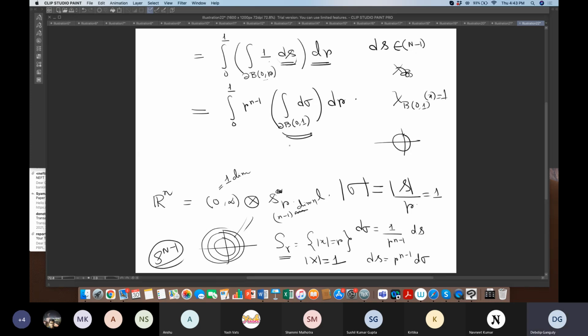So this we denote as omega_(n-1). This is just a quantity, some fixed quantity. Okay. So this is nothing but omega_(n-1), integral from 0 to 1 of R to the power n-1 dr. If you integrate, you will get omega_(n-1) by n.